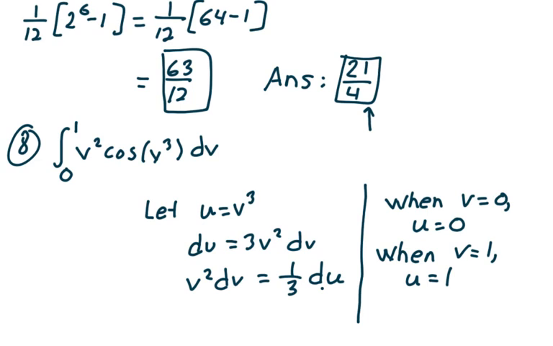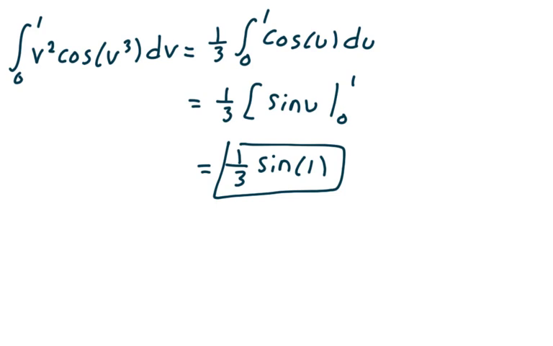Now, let's convert the v limits in terms of u limits. When v is 0, u is 0. When v is 1, u is 1. I'm plugging it into this equation here, u equals v cubed. That's how I'm getting my u limits, right here. So now I'm ready to make my substitution.